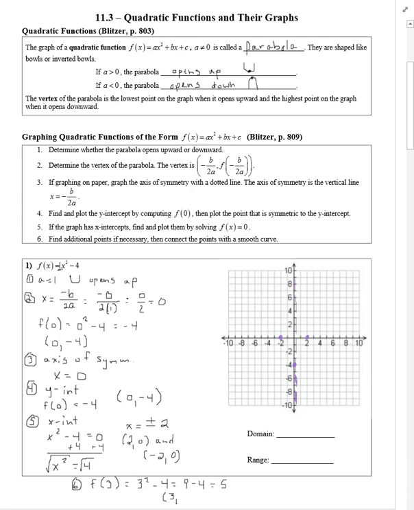So I would have the point 3, 5. So if I go put that one on my graph, I'm not going to change colors back, but 3, 5 is right here. And because of the symmetry, I know that if I go the same distance on the other side, so to negative 3 of that axis of symmetry, I can put another point right there. So I know the parabola opens up. All I have to do now is connect the dots.